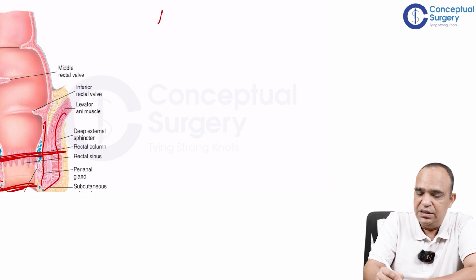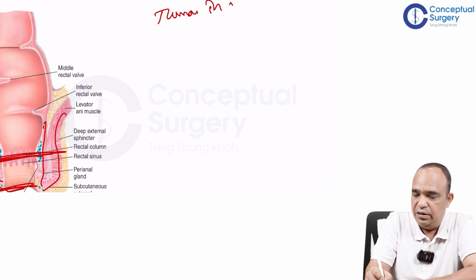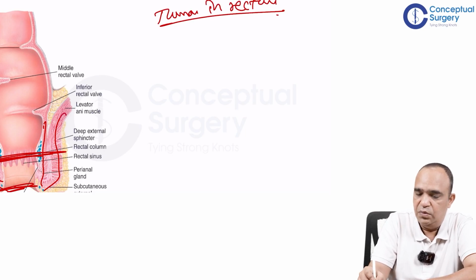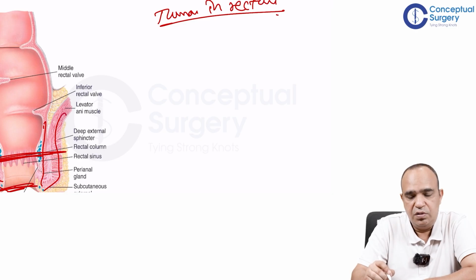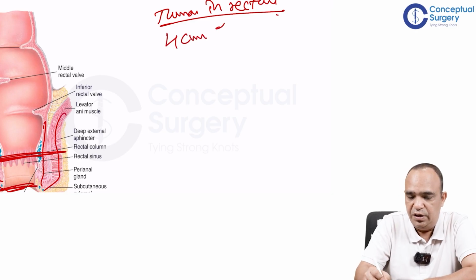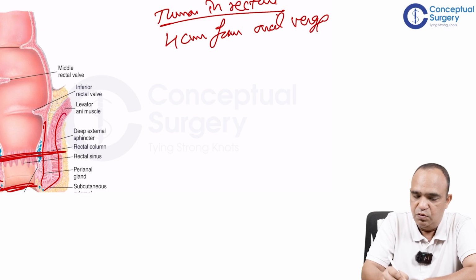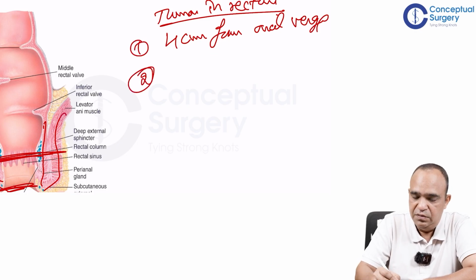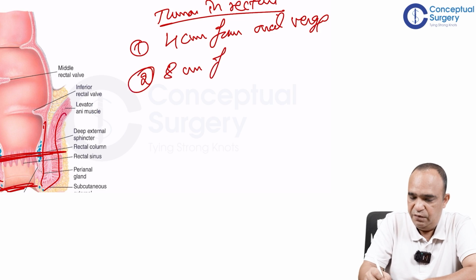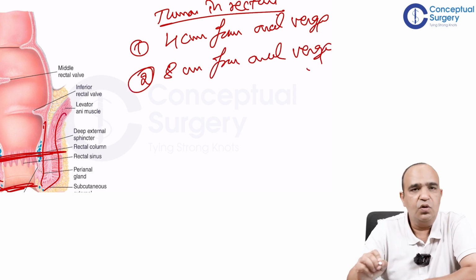Okay, there is a tumor in rectum, 4 centimeter from anal verge. One. Second, 8 centimeter from anal verge. Okay.